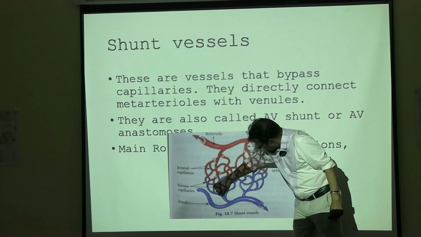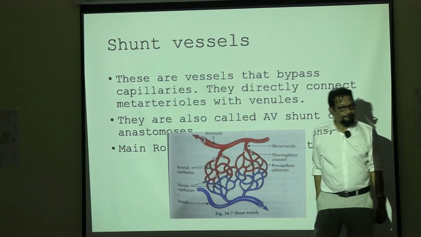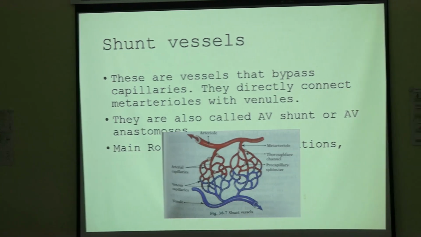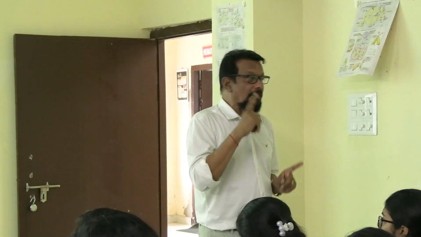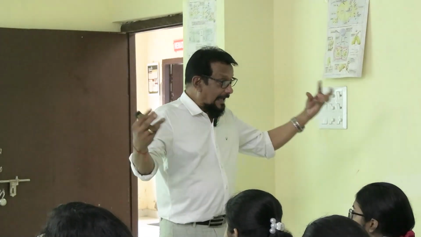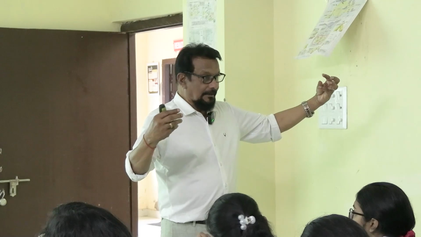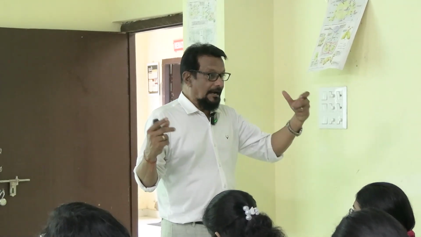It is directly joining the vein. This sort of direct connection between artery and vein is called an AV shunt, or anastomosis, a direct connection between artery and vein without formation of capillaries.